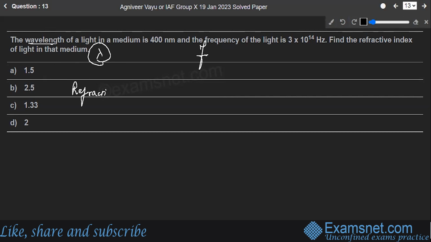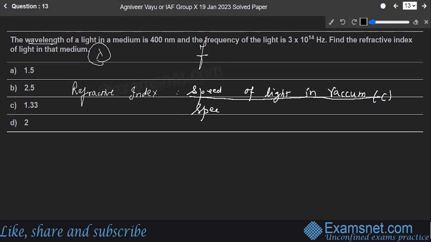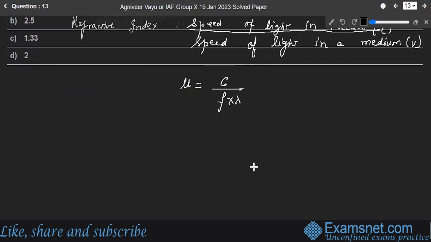First of all, it is the ratio of the speed of light in vacuum, that is C, divided by the speed of light in a medium, V. Okay, so this is given by C upon F into lambda, where F is the frequency, lambda is the wavelength, and C is the speed of light.